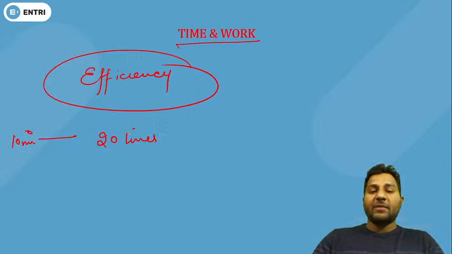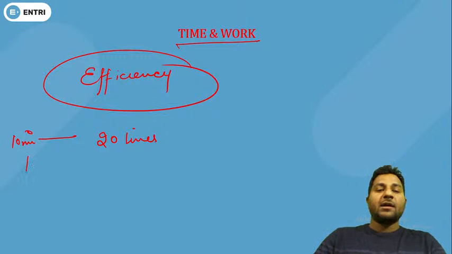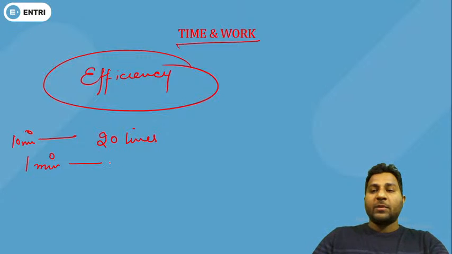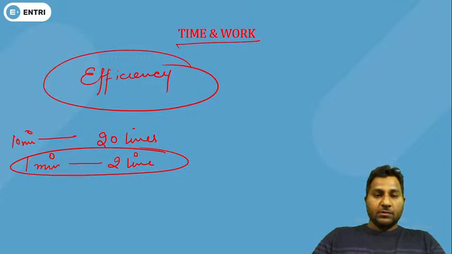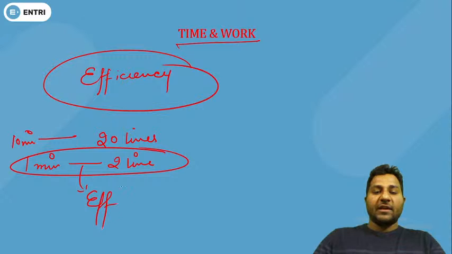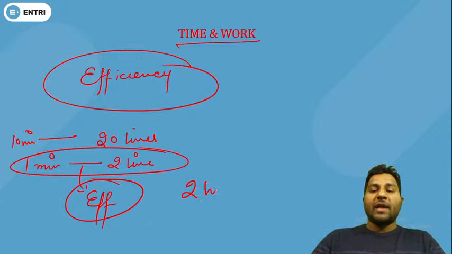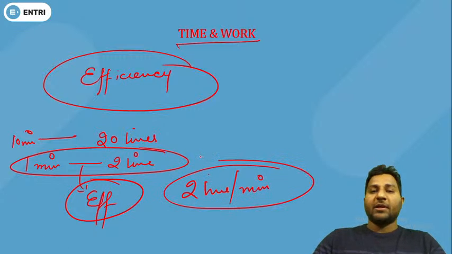If you want to find your efficiency, you have to get the 1 minute work done by you. That means in 1 minute you will type 2 lines. So clearly your efficiency is 2 lines per minute.